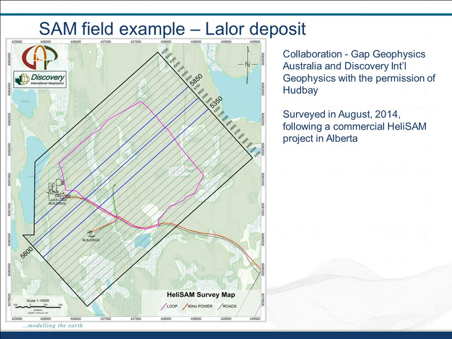There is a road that extends into the mine site, which is an active mine site, and you can see there's a power line that accompanies it, and some other infrastructure as well. About 90 line kilometers were flown, so it took maybe a couple hours to fly. The loop was already in place because it's being actively used, so a very, very quick in-and-out survey, and we'll show you the results now.